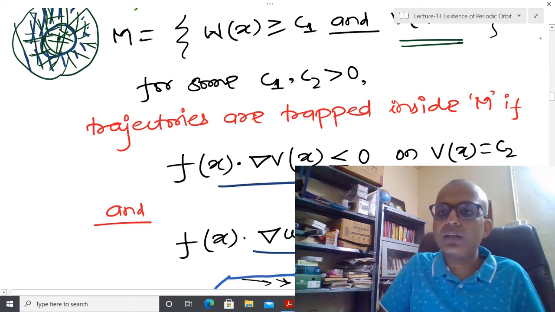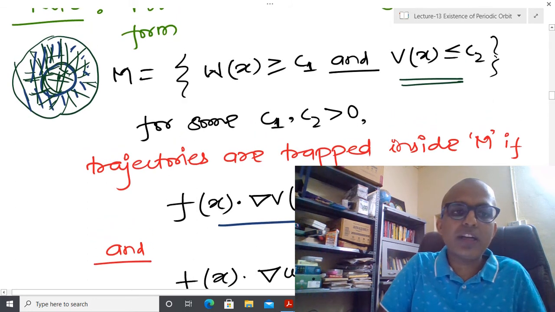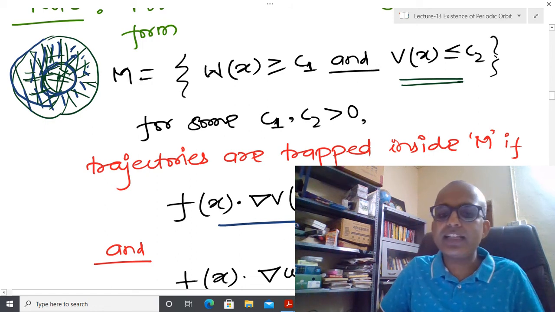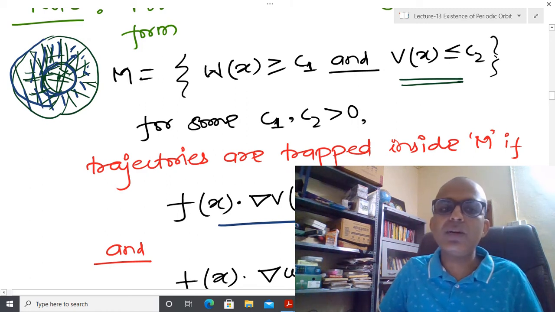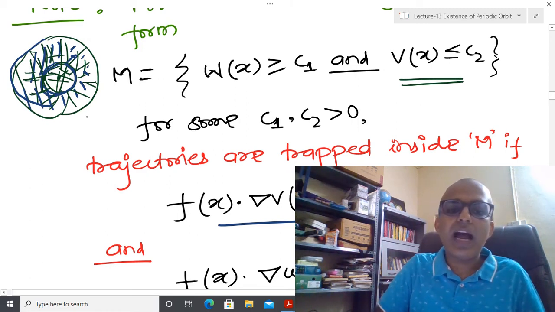If you check the two extreme curves, one curve here and one curve here, and the trajectories satisfy this kind of condition, f(x) with the gradient of W(x) greater than 0, then I can tell that the vector field's direction is outward from here and inward from here.